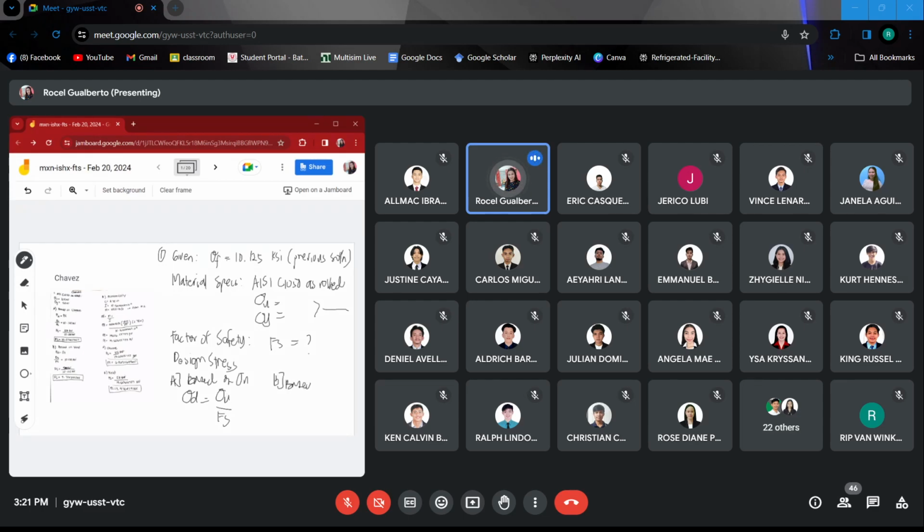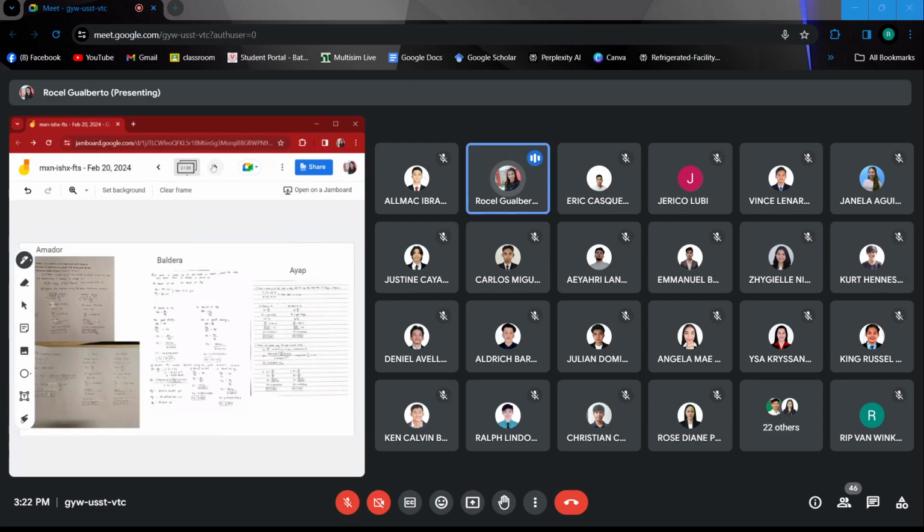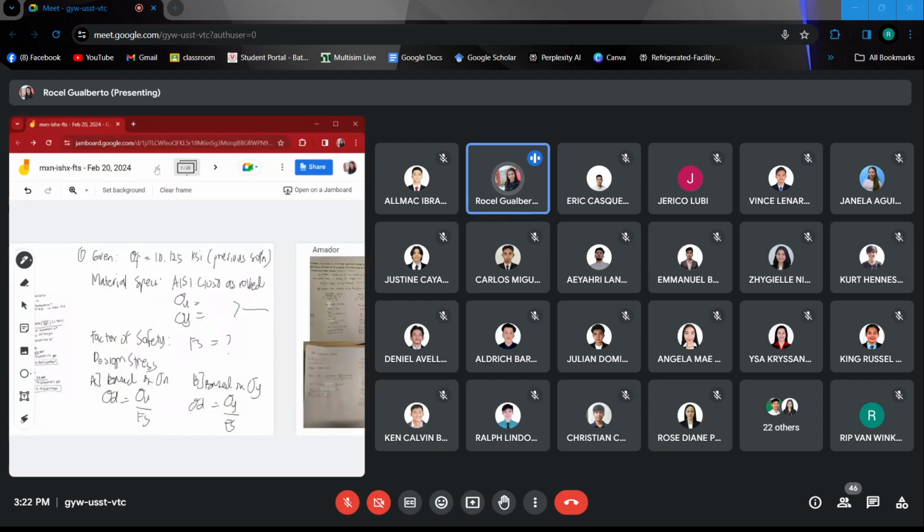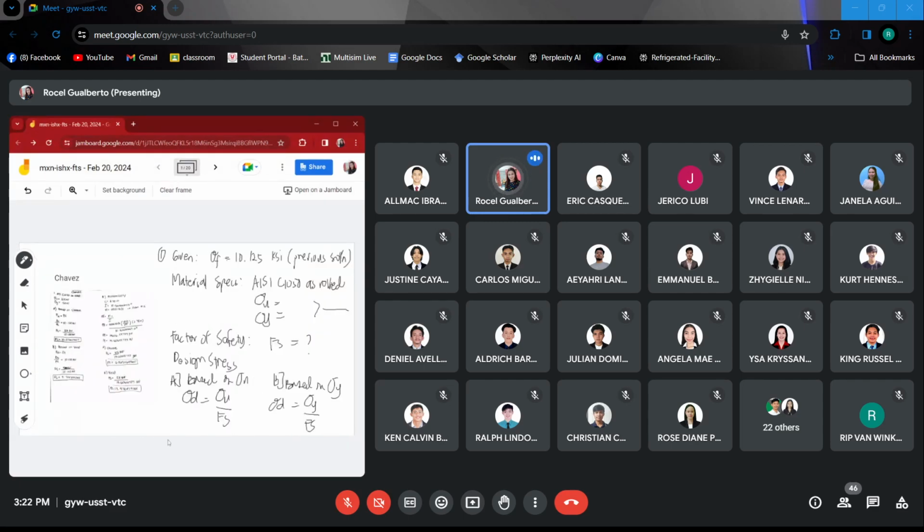And for letter B, that would be based on sigma Y. Then the design stress would be sigma Y over factor of safety. Okay? And then kasunod na po niyan is of course equating the design stress to the induced stress of the material. Okay? So kasunod na po nito for a good design.